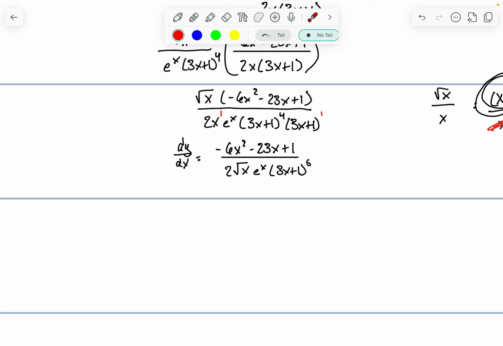And I'll explain this one more time. Since this is now x to the power of negative 1/2, we're going to bring this down and make it positive, and we know that x to the power of 1/2 is the same as square root of x, so we change this into the square root of x, and that is basically going to be our answer.